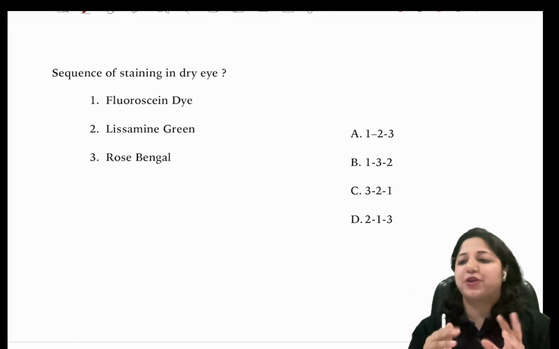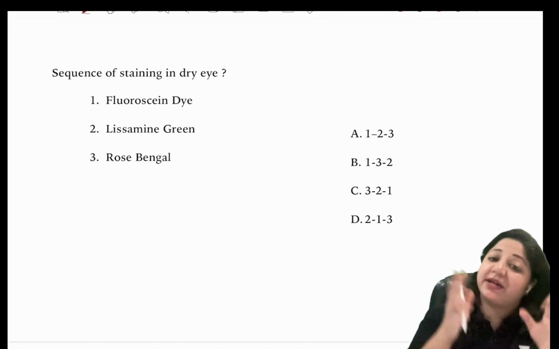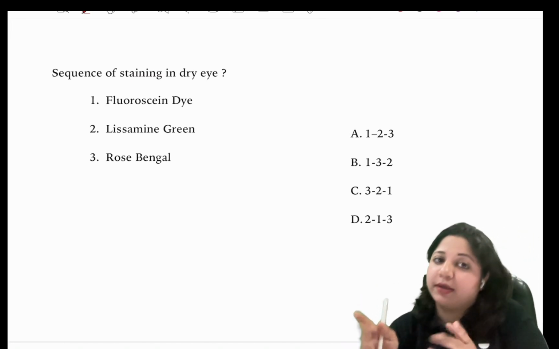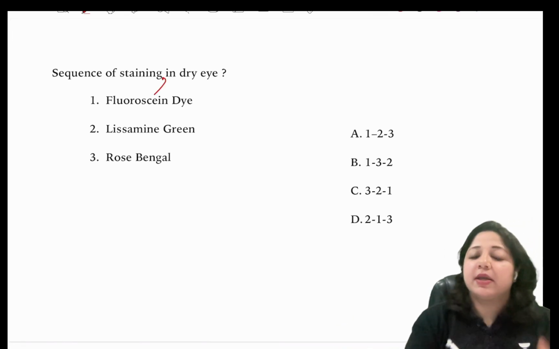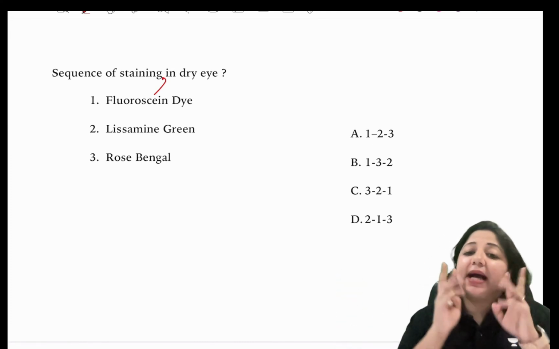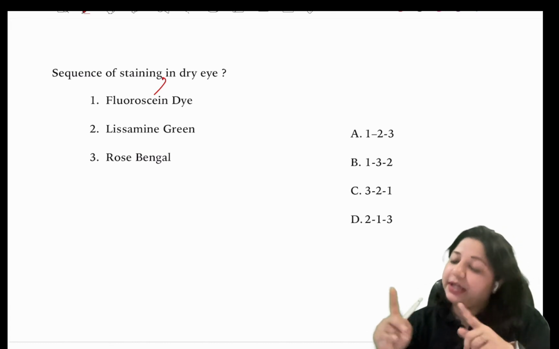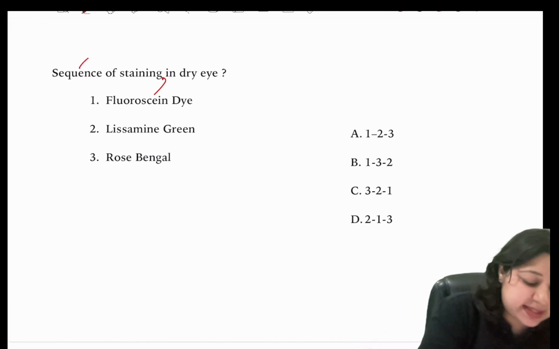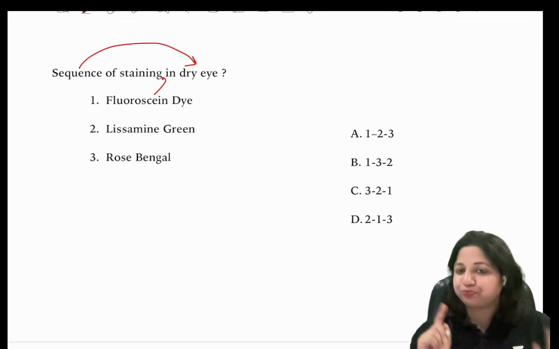Suppose now this question has two meanings. It says sequence of staining in dry eye. So it can be either like this, that how do you stain? What is the sequence of stain in dry eye? The other thing could be the sequence of dry eye and its staining patterns.